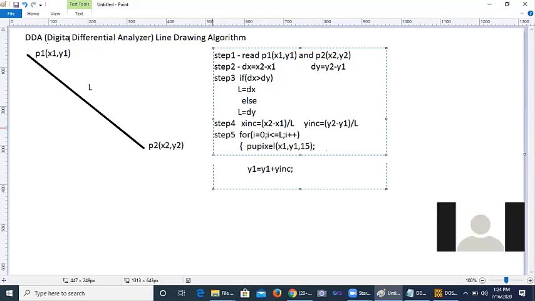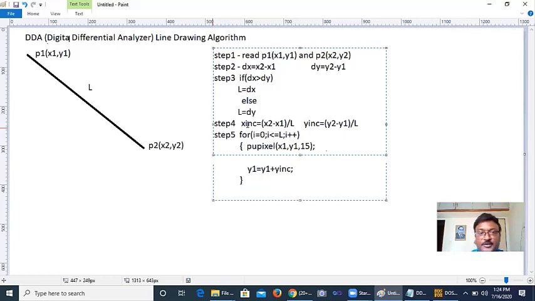That increment value, whatever the fractional value, you add using x increment and y increment, and close your for loop. Once you have completed that, step 6 is stop. So it's a simple algorithm. This algorithm does not use any inbuilt line function, but it will draw the line.